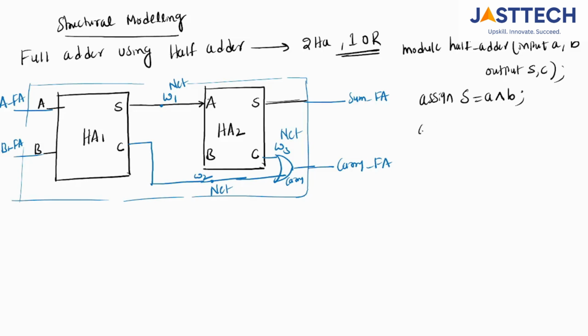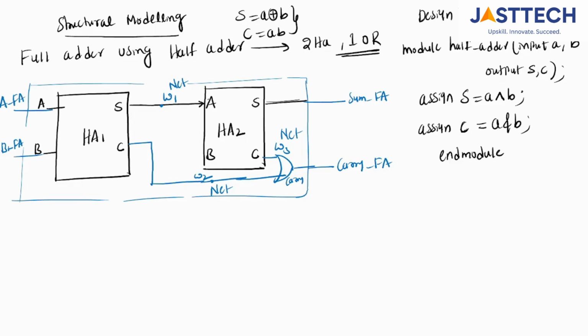Assign C equal to A and B. We know that for the half adder circuit, sum equals A XOR B and carry equals AB, that we saw in digital. End module. So this is my design for the half adder circuit.